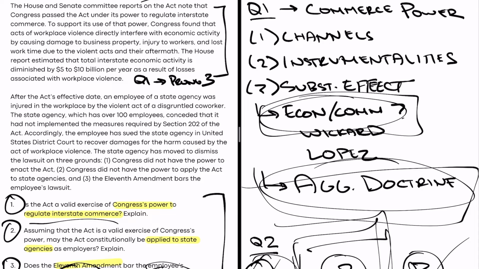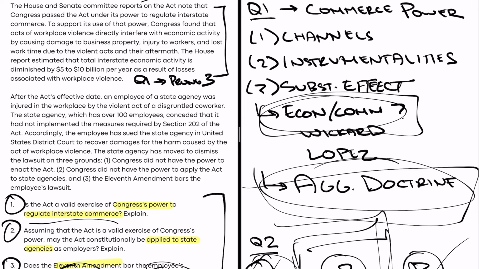Essentially, the violence at work that they're trying to preclude results in $5 to $10 billion per year in losses that could affect interstate economic activity. Basically, interstate economic activity is diminished by $5 to $10 billion per year as a result of losses associated with workplace violence.